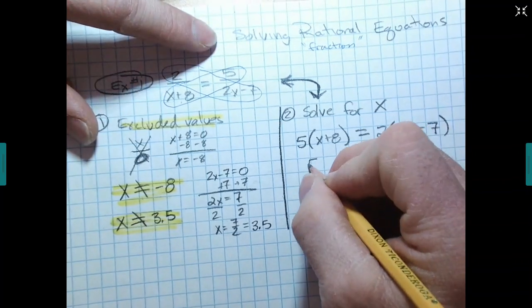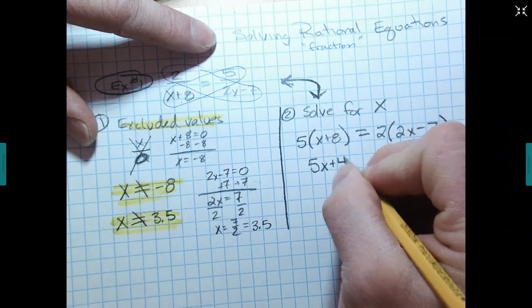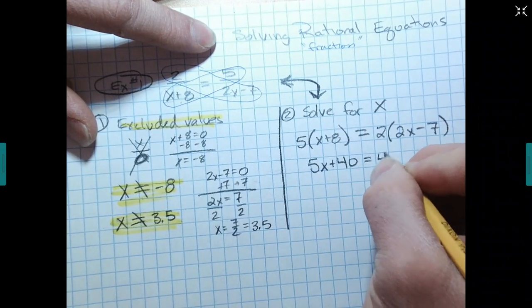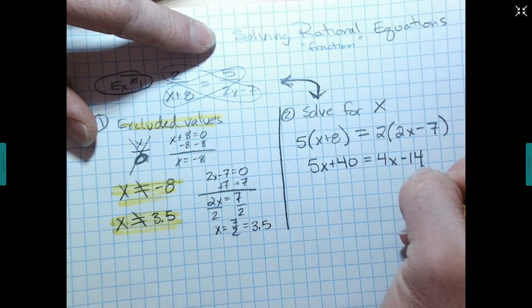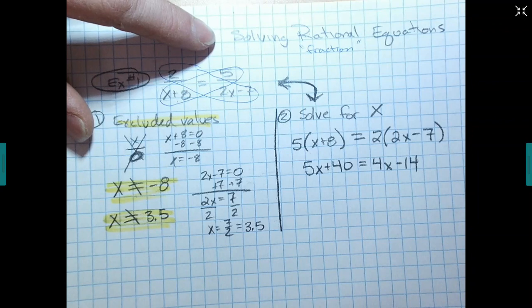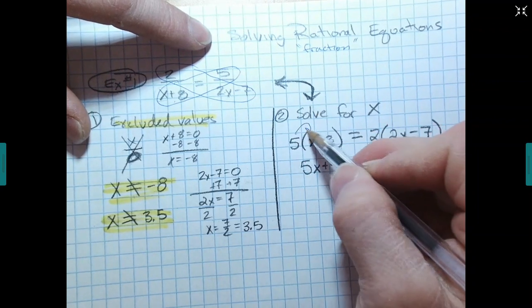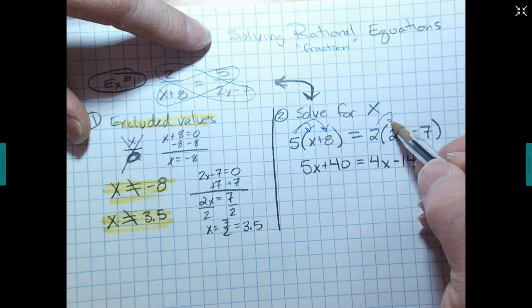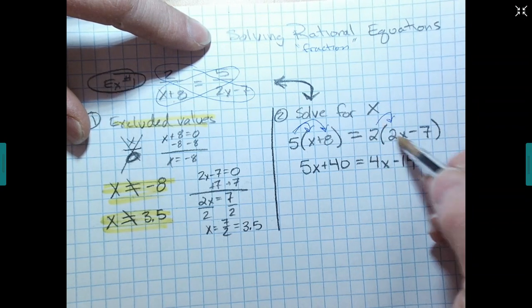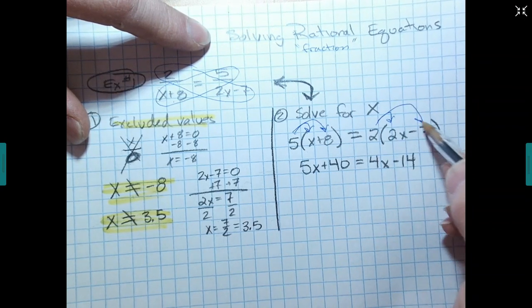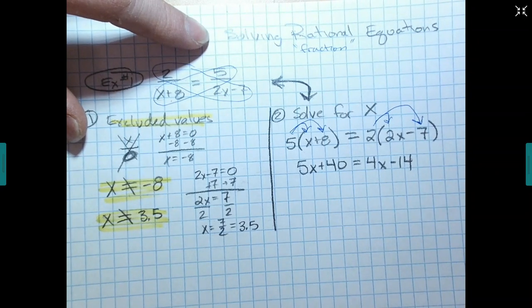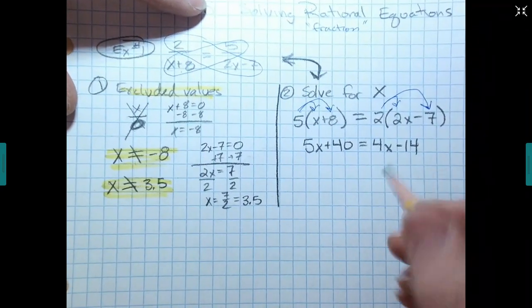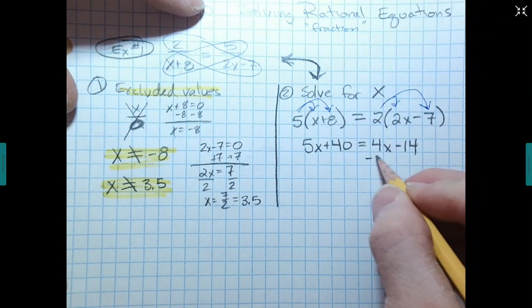So I get 5x plus 40 equals 4x minus 14. I just distributed this. 5 times x is 5x. 5 times 8 is 40. 2 times 2x is 4x. 2 times negative 7 is negative 14. And now I solve it like a normal algebra problem.